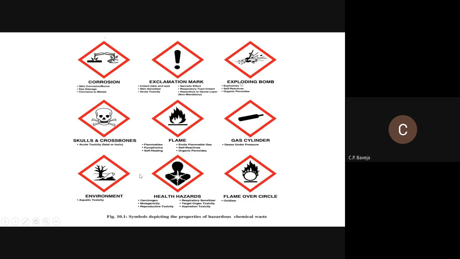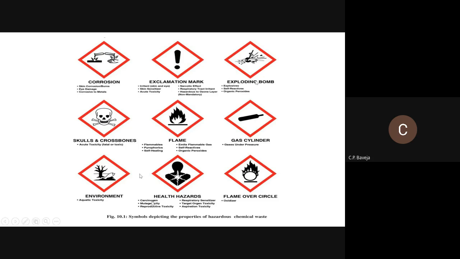Then this is the exploding bomb: explosive, self-reactives, organic peroxide. Then the environment symbol: aquatic toxicity, which may be harmful to fishes and other animals in the aquatic environment. And this is the health hazard sign.